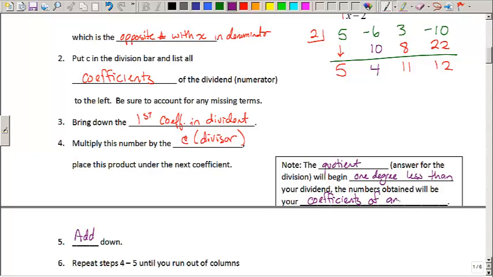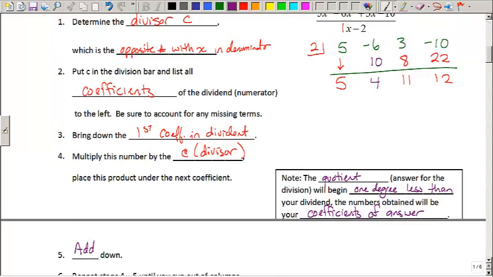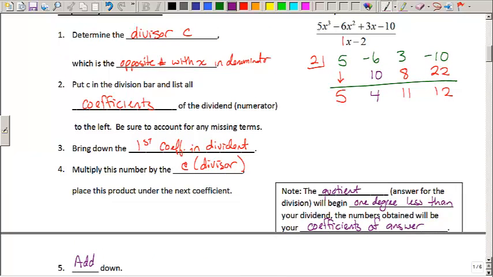of your answer. So let's go back and answer the actual question. I was taking a dividend 5x cubed minus 6x squared plus 3x minus 10 and dividing it by x minus 2. My answer will be 5, this was the x cubed column, so I'm going to drop it by 1, 5x squared, plus this was the x squared column, I drop it by 1, 4x, this was the x column, I'm going to drop it by 1, and now this becomes my constant.